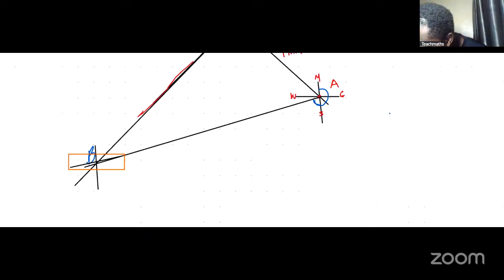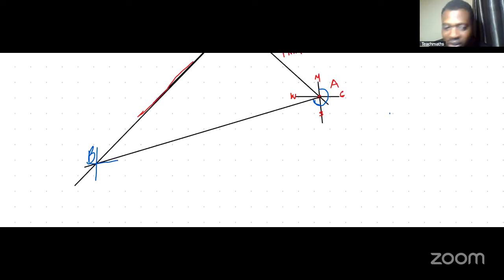This is point B. The line coming from A will not be horizontal to this east.